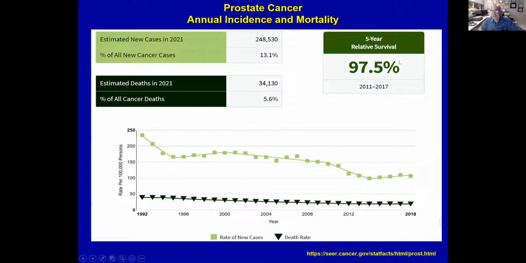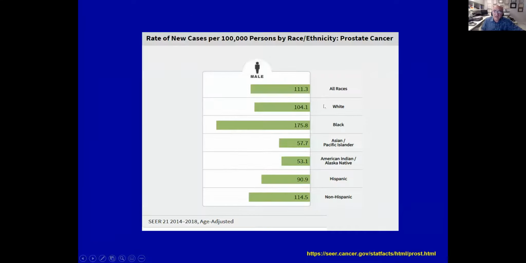We can say that about survival, it's about 97.5%. So for individuals who are later in life, for example in their 80s or 90s, and we find cancer, we sometimes just let it go. We don't do any kind of radical procedure, because they most likely are going to die of something else, not of prostate cancer.